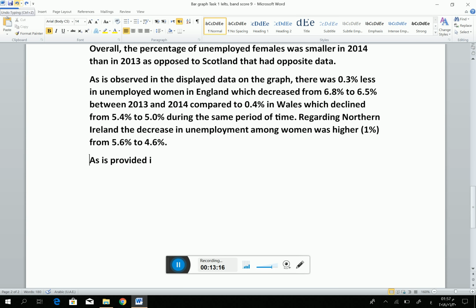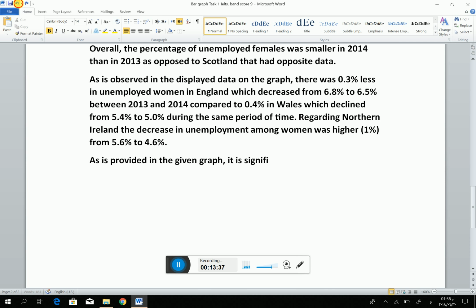The second paragraph will be like this: as is provided in the given graph. You can start with this. In the first body paragraph, I started with as is observed in the displayed data on the graph. Here I started like this: as is provided in the given graph.